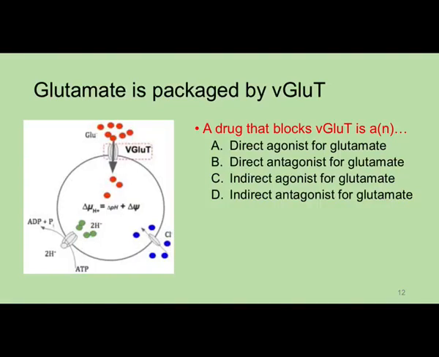If you had a drug that blocked vesicular glutamate transporter, you would not have glutamate inside the vesicle, and therefore you would decrease synaptic transmission between the two neurons. That decrease means that this drug would be an antagonist. Because the drug is not directly blocking the postsynaptic receptor, this would be considered an indirect antagonist for glutamate.